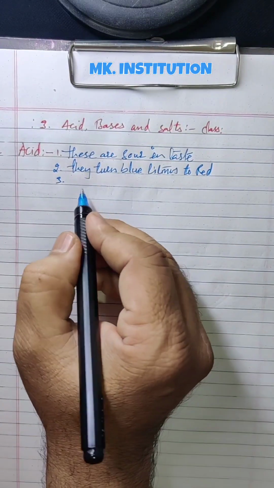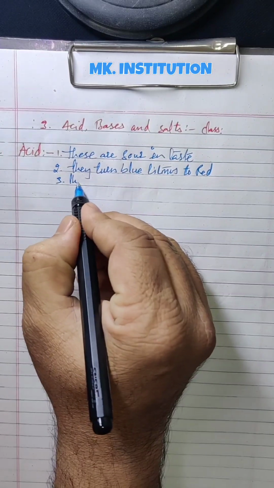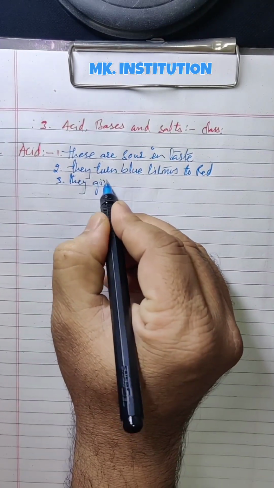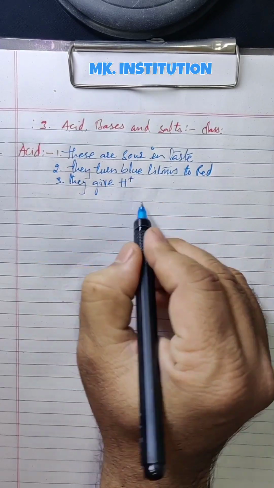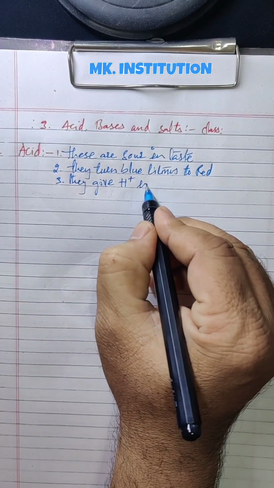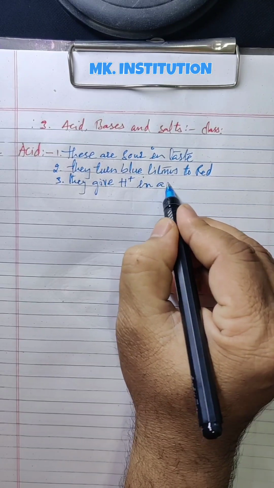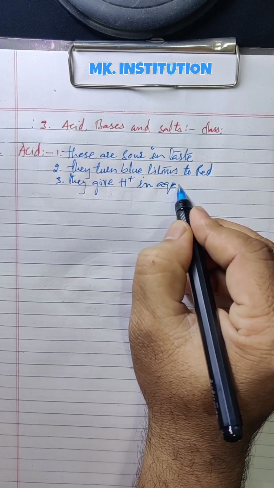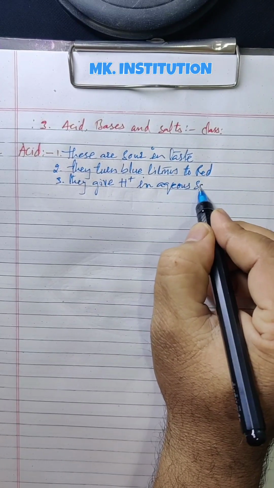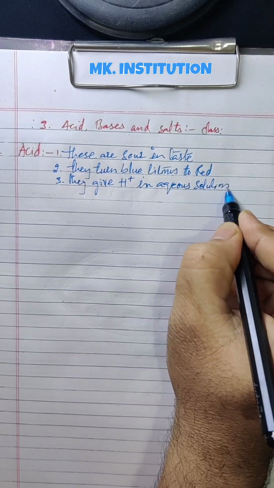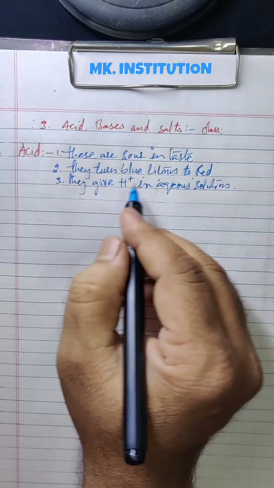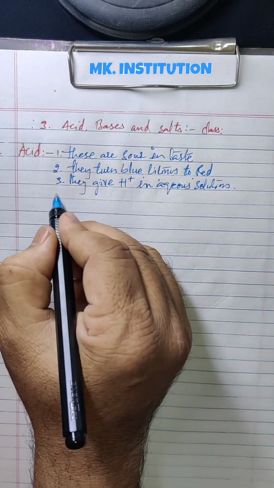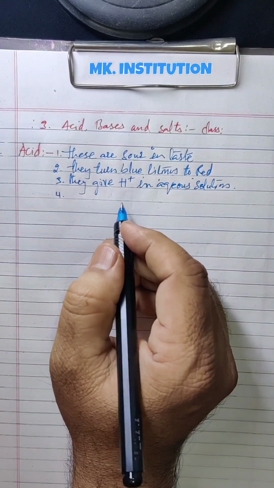This is a property. And the third is they give hydrogen ions in aqueous solution. Aqueous means water, a liquid solution. When they dissolve in water, there will be an aqueous solution.